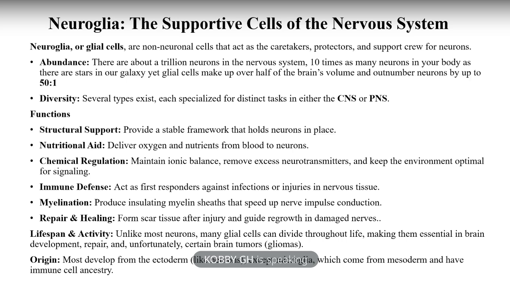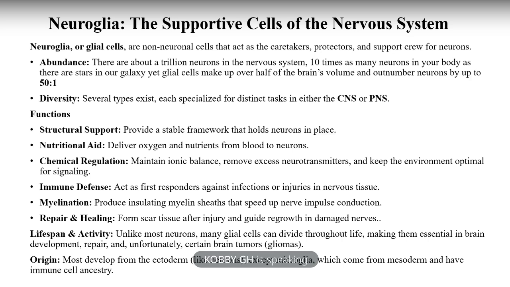If you remember, I told you that glia cells are like police officers and military men in the nervous system. So they serve as caretakers, or protectors, or they provide support for neurons. So when you hear of glia cells or neuroglia, it's the same thing.